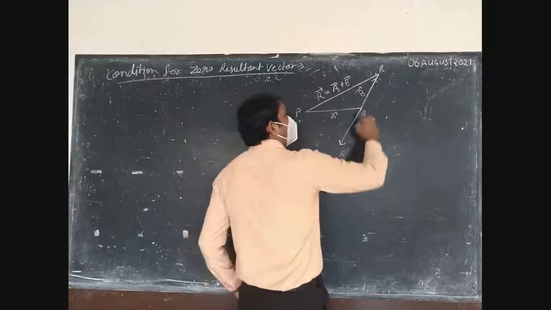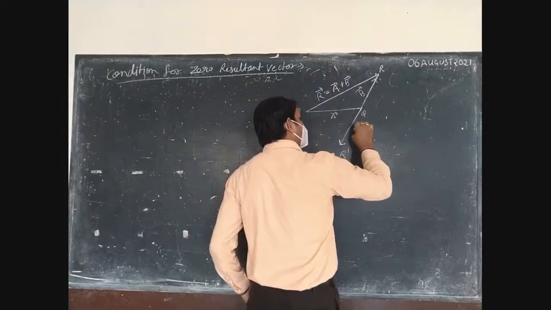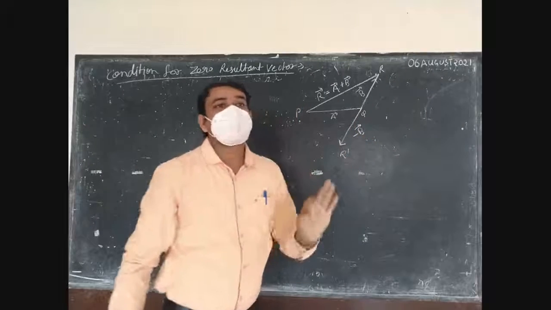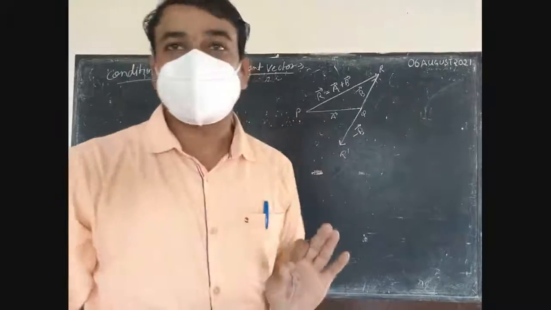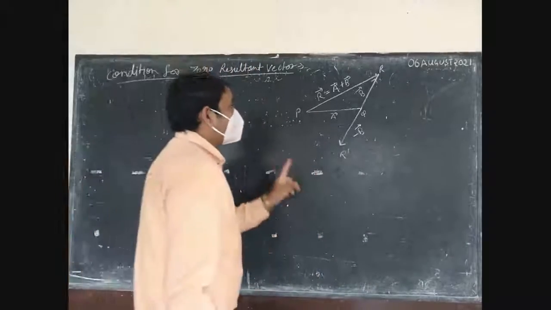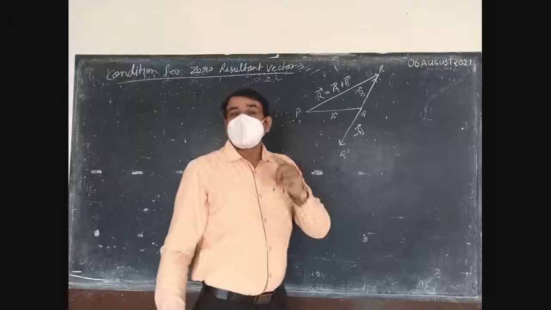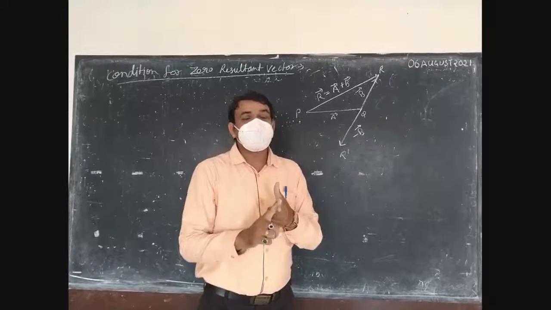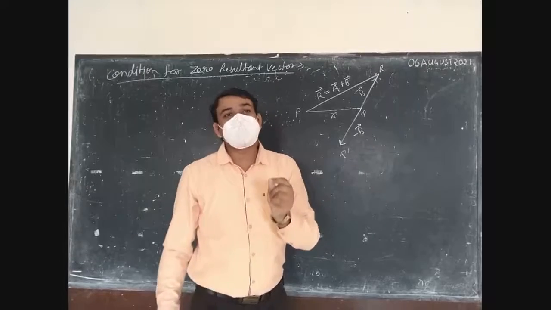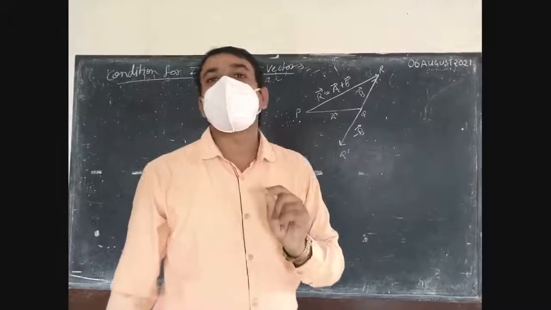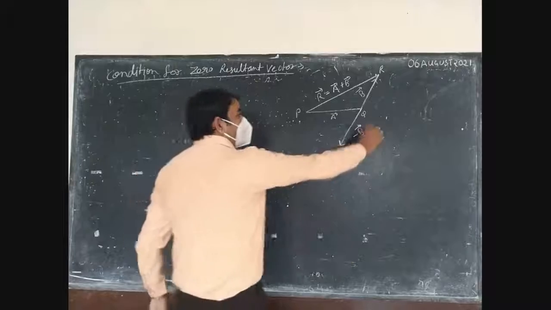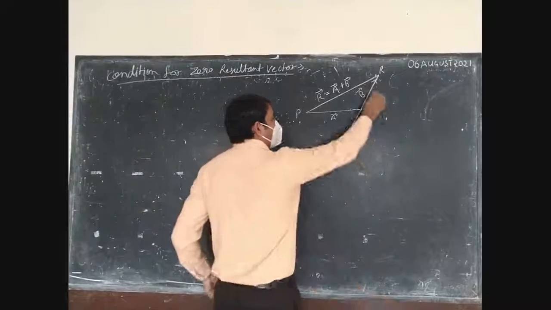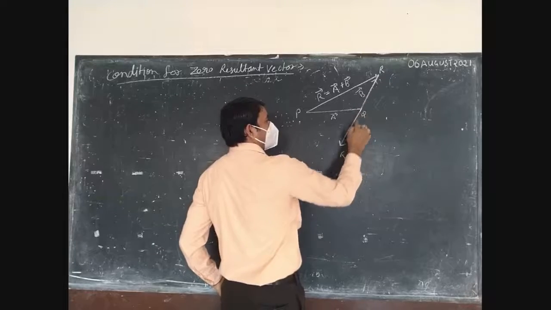Then we use negative B for QR dash by the property of negative vectors. If two vectors have the same magnitude but act in opposite directions at the same point, then the two vectors are called negative vectors. So here we get the negative vector of B.